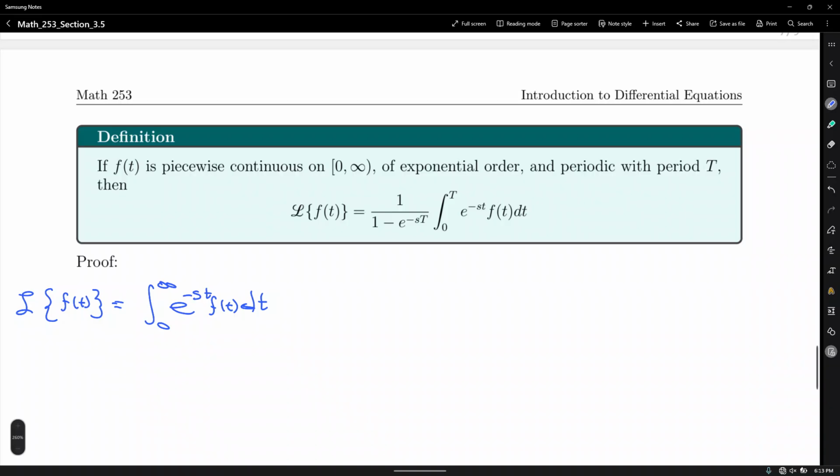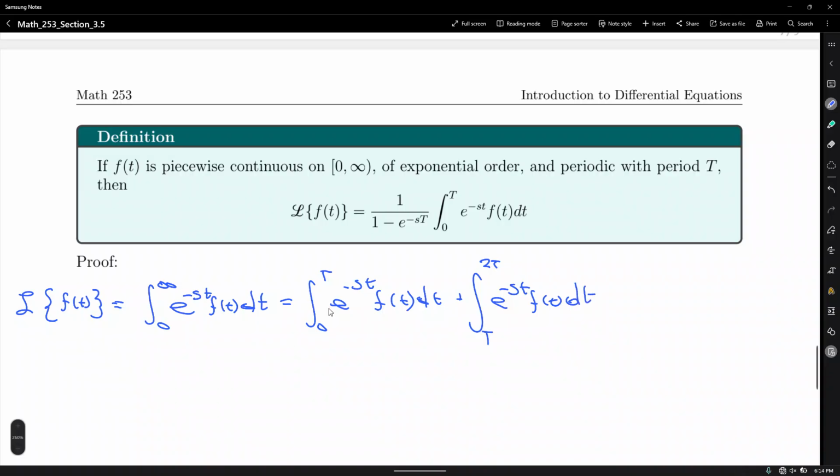So our first stop is the integral from 0 to T of e to the negative st, f of t dt, plus the second stop from T to 2T of e to the negative st, f of t dt.